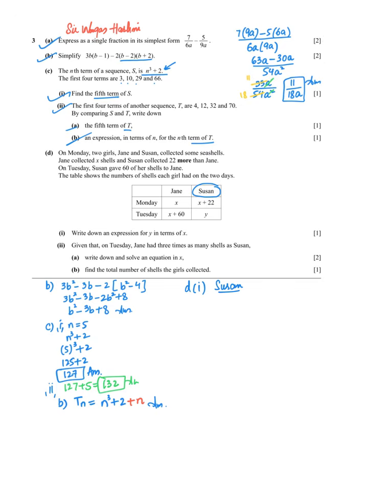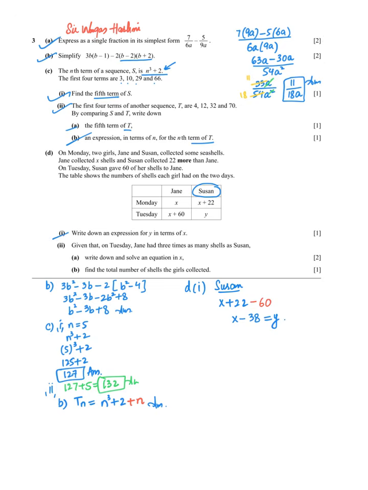On Monday she has X plus 22, but on Tuesday she gives 60 of her shells. So what portion has been left? So that will be X minus 38. That is the value of Y for Susan on Tuesday.